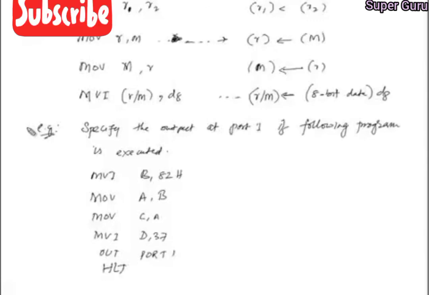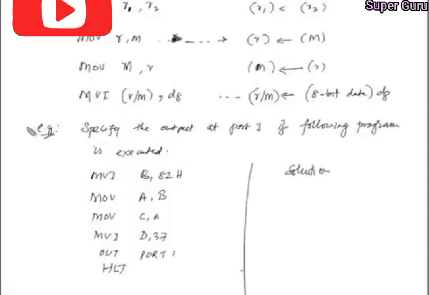Now, what is the meaning here? In the solution, first MVI B, 82H means B equal to 82H.